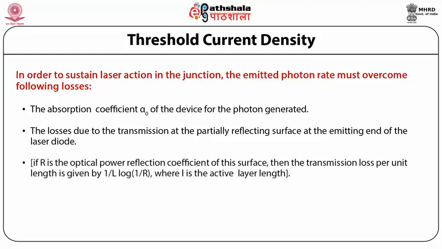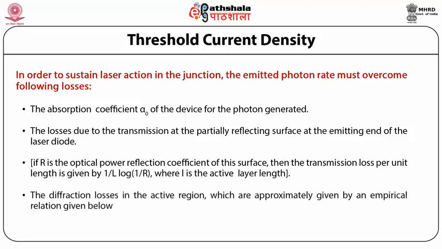If R is the optical power reflection coefficient of this surface, then the transmission loss per unit length is given by (1/L) log(1/R), where L is the active layer length. Third is the diffraction losses in the active region, which are approximately given by an empirical relation, and alpha d is written as 0.42 lambda upon n W square.